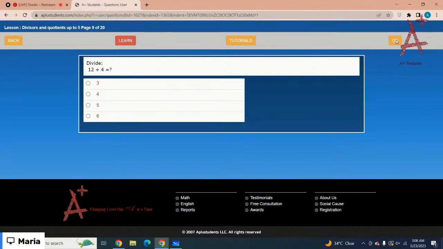The next one is 12 divided by 4. Yes, you can go for 4 times 3. 4 times 3 is 12. So the correct option is 3.